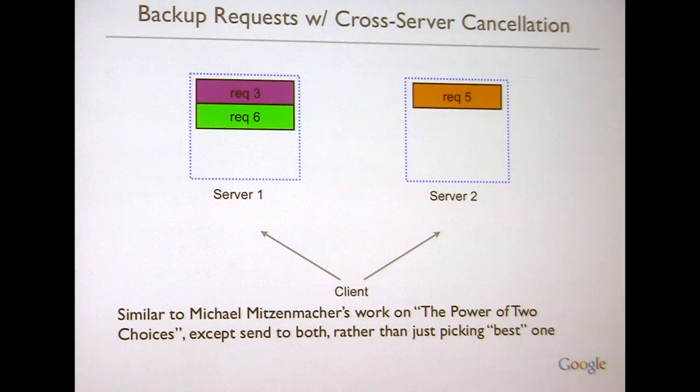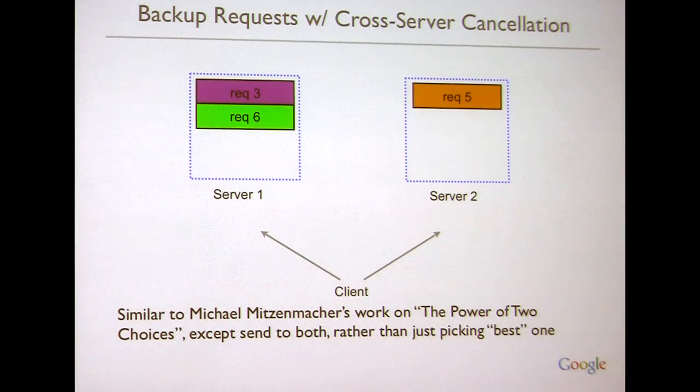And I think that one's more exciting because you need to respond really quickly and figure out what to do. So I'm going to describe one technique that we've come up with that's actually pretty effective. It has the exciting name, backup request with cross-server cancellation. We struggled for a better name, but what can you do?